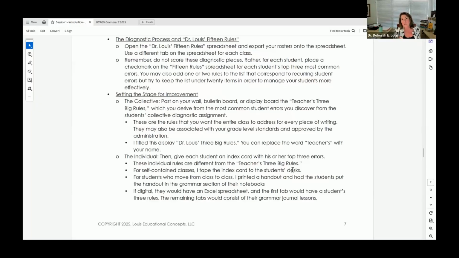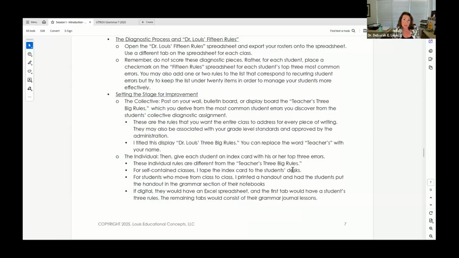But typically in middle school, your 3 big rules are usually going to be, these are the big ones that they miss: avoid fragments, avoid run-ons, and avoid comma splices.